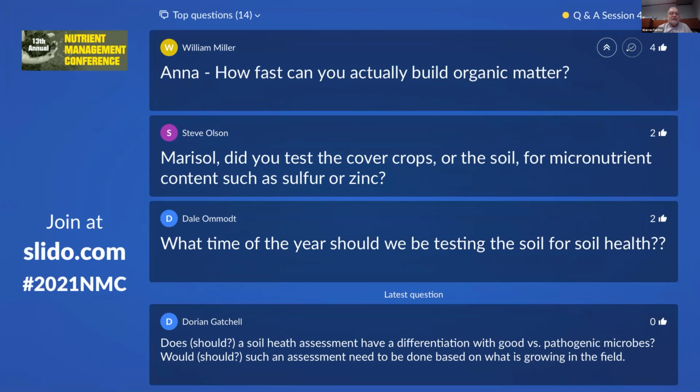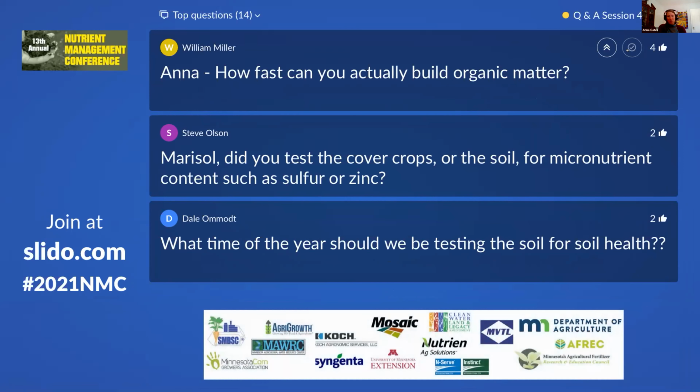How fast can we actually build organic matter? I'm not going to hang my hat on any particular numbers on that one. I'm going to put in the Slido answer, though, this dashboard from the Nature Conservancy called Ag Evidence, where you can explore different studies and see how in some cases soil organic matter has been built with different practices, and in some cases it's been lost. That really has to do with how much carbon is going in.